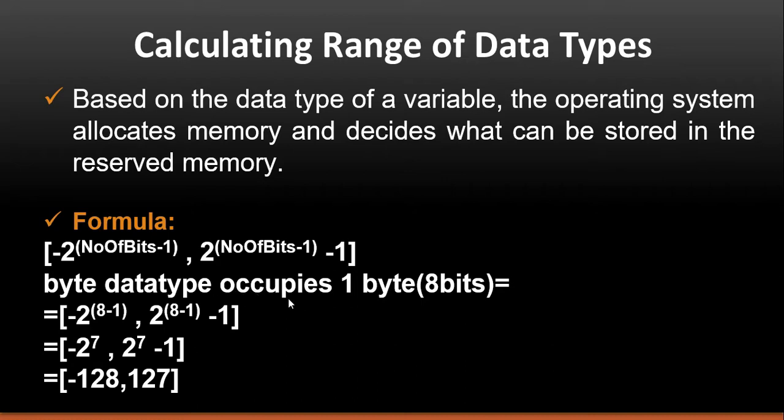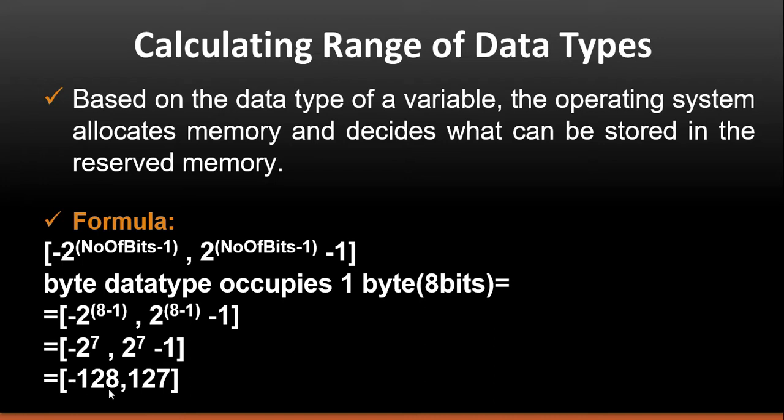Let me give one example. I am taking example of byte data type. Byte data type occupies 1 byte, that is 8 bits. Now I'm going to substitute the number of bits with 8. So -2^(8-1), 2^(8-1) - 1. What I'm getting is -2^7, 2^7 - 1.